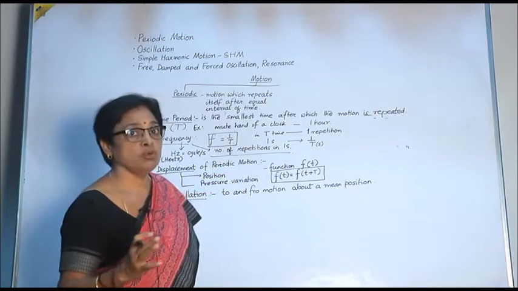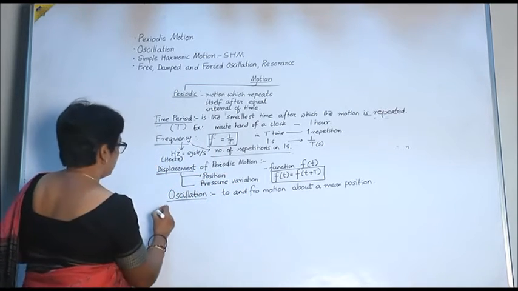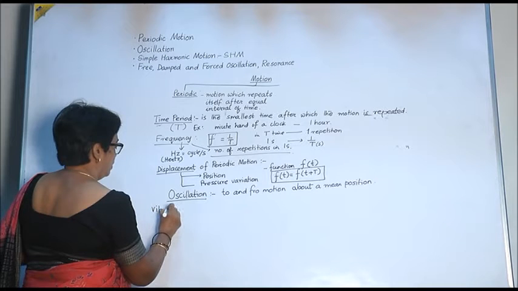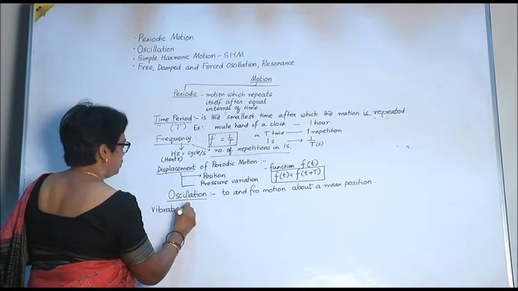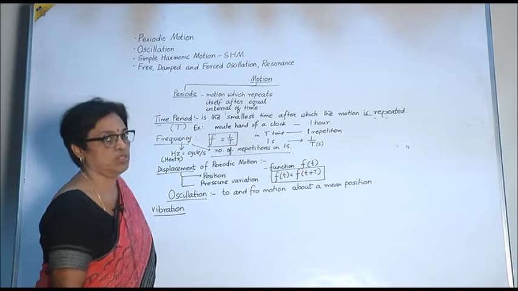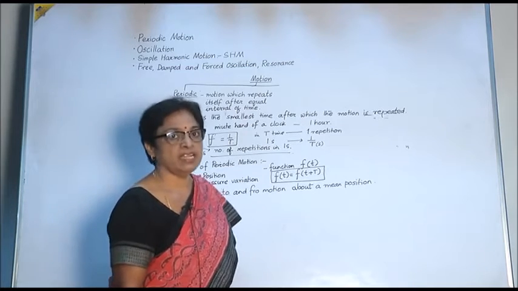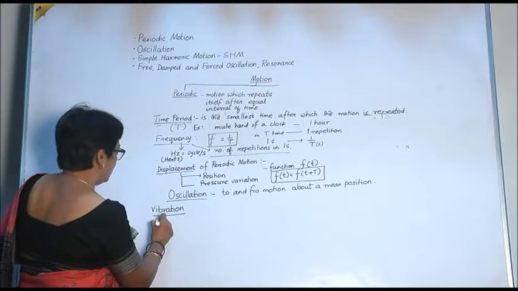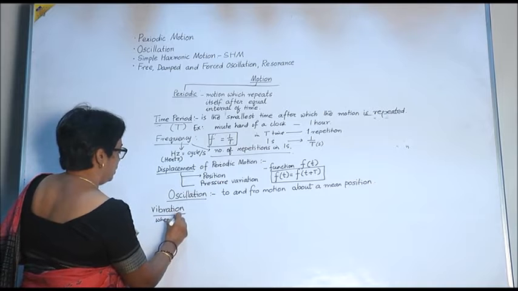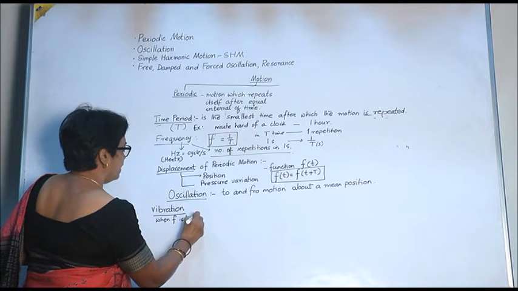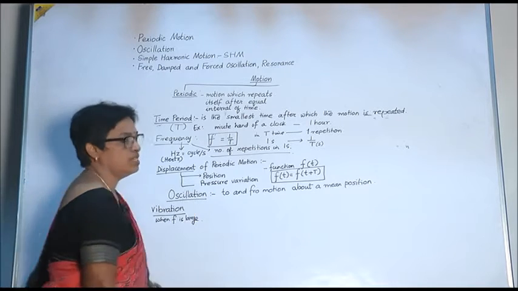See, we also use the word vibration many times. There is not much difference between vibration and oscillation. The only difference is that when the frequency is large, we call it a vibration, otherwise we call it an oscillation.